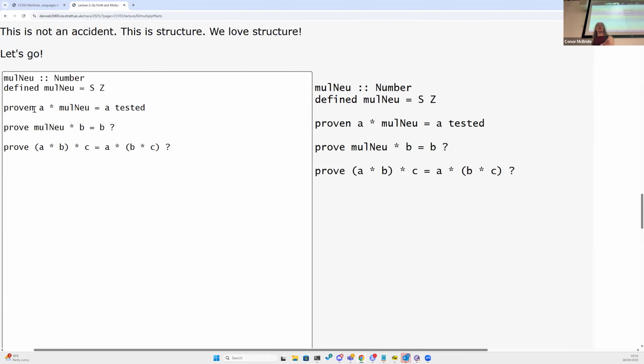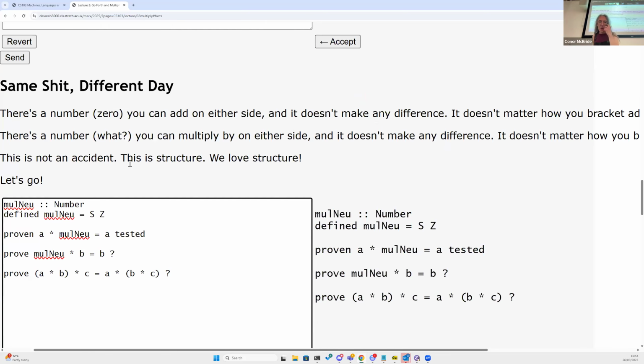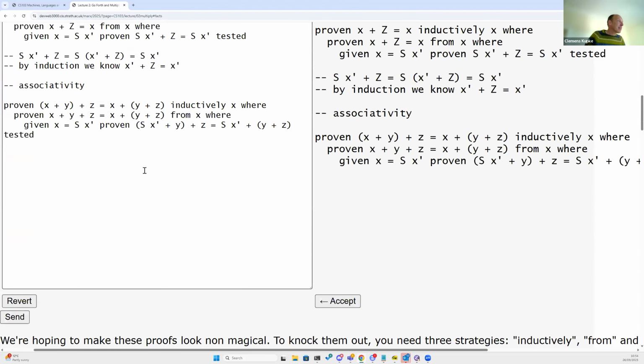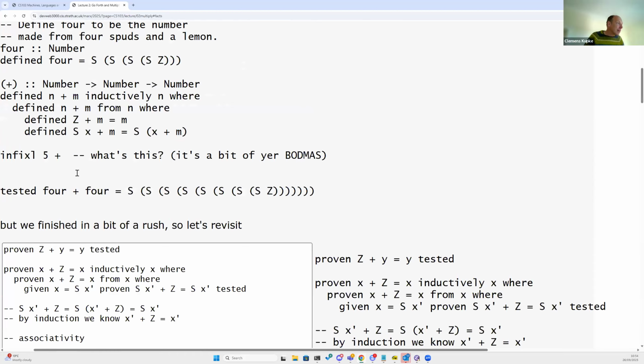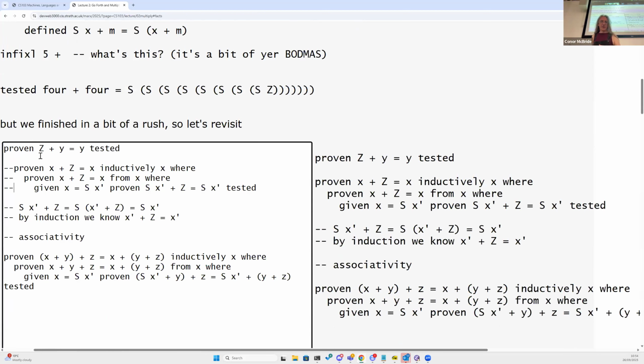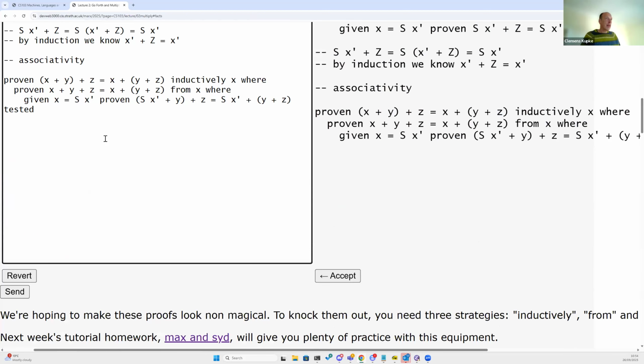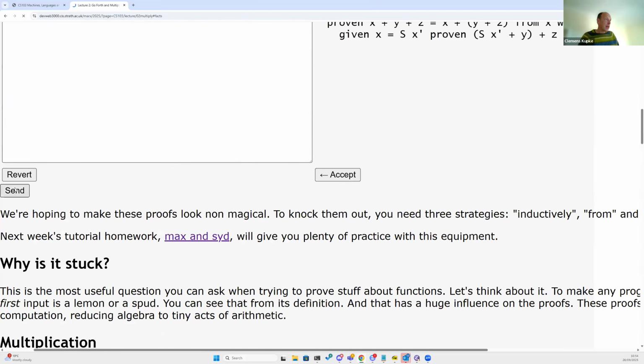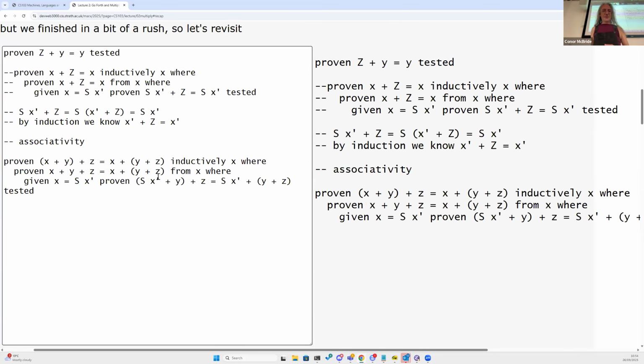How does that work? I want to do one last thing. Can you nip up a few boxes and comment out the proof that x plus 0 is x? Comment that out, and then hit send again. And we'll see what happens.